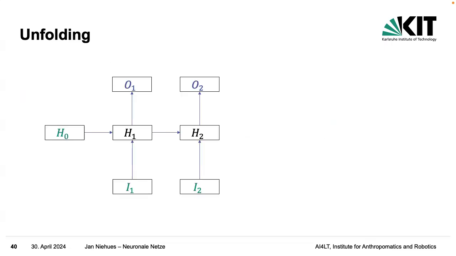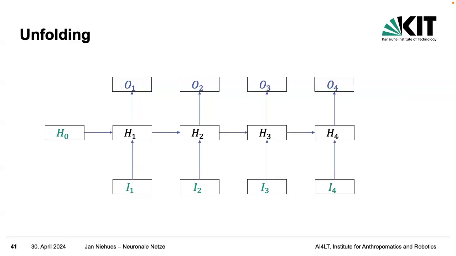So if we unroll it for two positions, for example, we have our H0 as one input, I1, I2, and then the weights between H0 and H1 are the same as the weights between H1 and H2, and the weights between I1 and H1 are the same as the ones between I2 and H2. You always apply the same operation at each position, and you can unroll it for variable lengths.